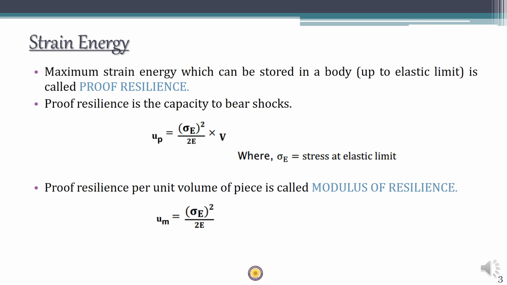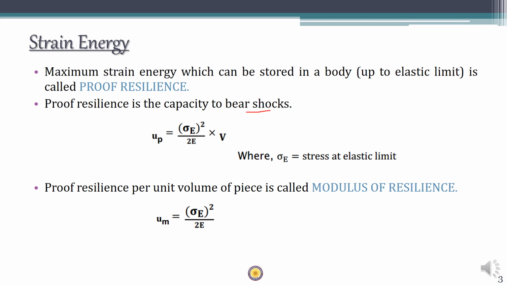Now let's see some more terms related to strain energy, which is proof resilience. Proof resilience is the maximum strain energy which can be stored in a body. Beyond this value a body cannot take any more strain energy. So proof resilience indirectly indicates the capacity of the body to bear shocks.